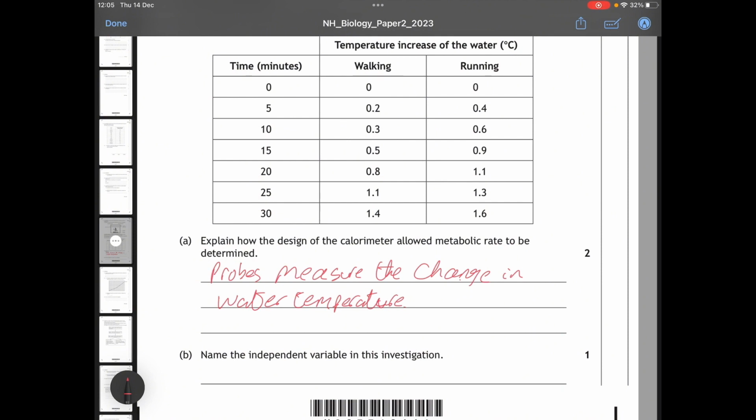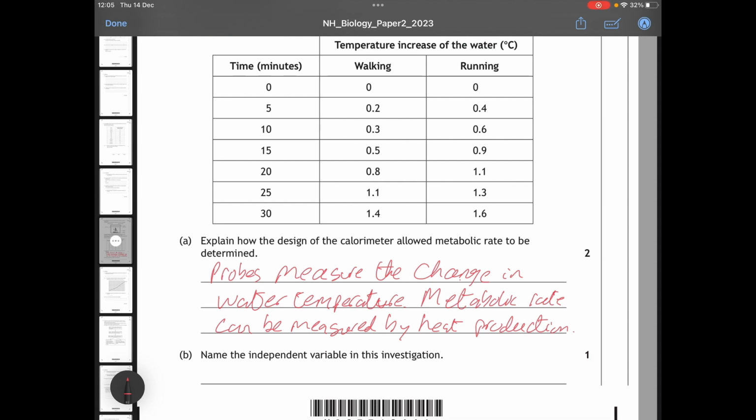The second part of this then is to say how this links to your subject knowledge. So it says here, or you should know, I should say, that metabolic rate is measured by heat production.